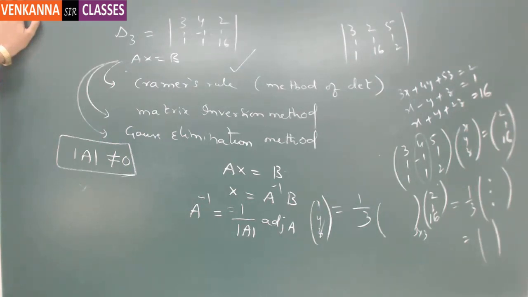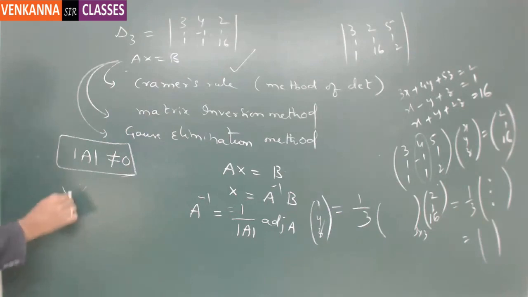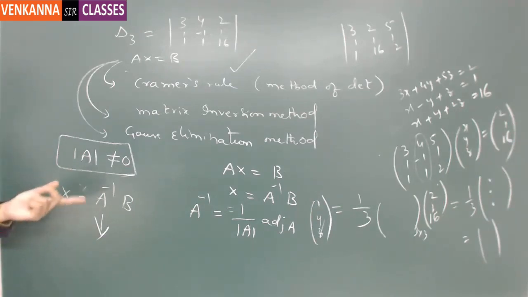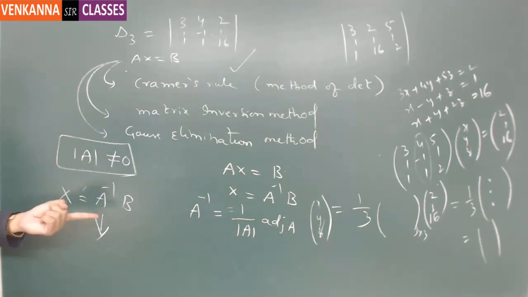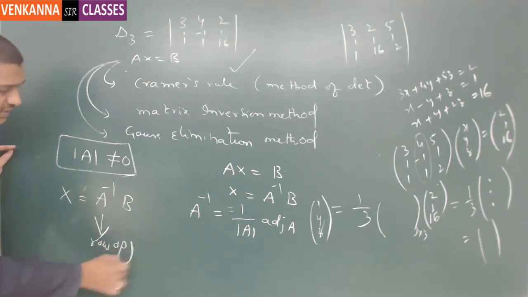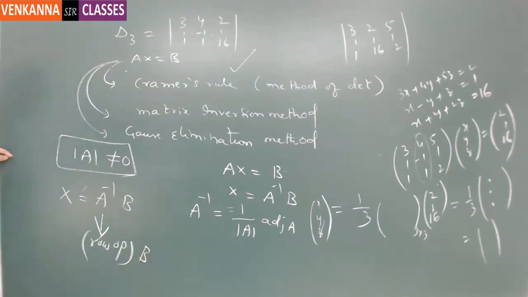Apart from calculating X is equal to A inverse into B, where we calculate A inverse with the formula adjoint of A by det A, here also X is nothing but A inverse into B, but for the calculation of A inverse, we have done a previous problem using row operations only. We have computed A inverse, right? So A inverse is computed using only row operations. Multiplying these two, you will get X automatically.